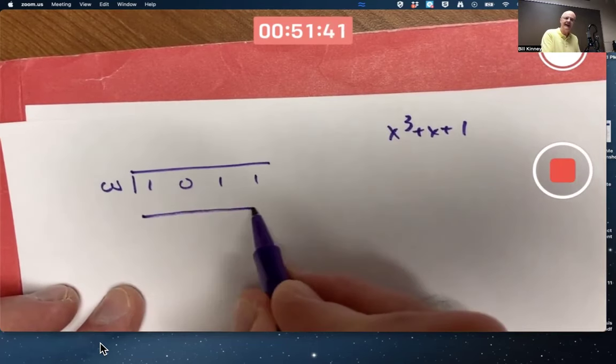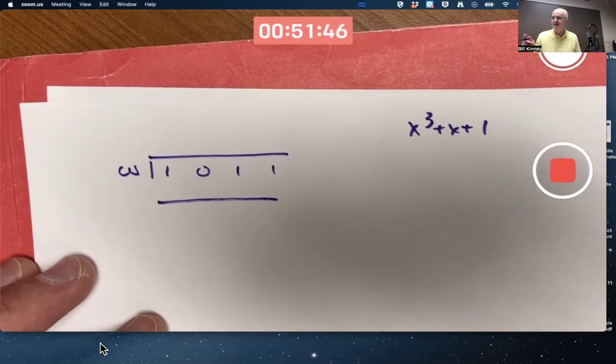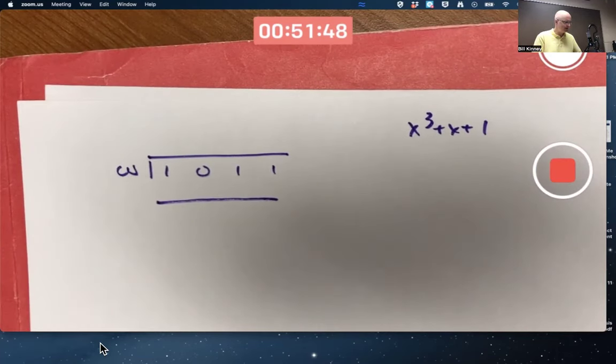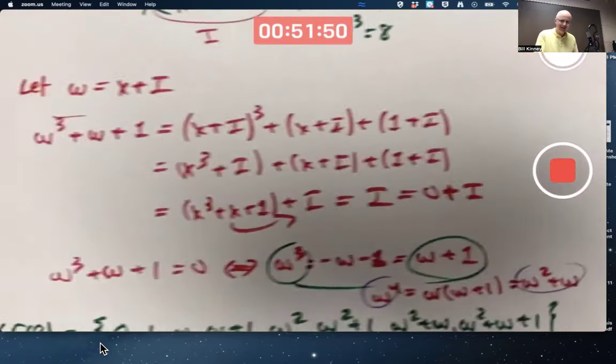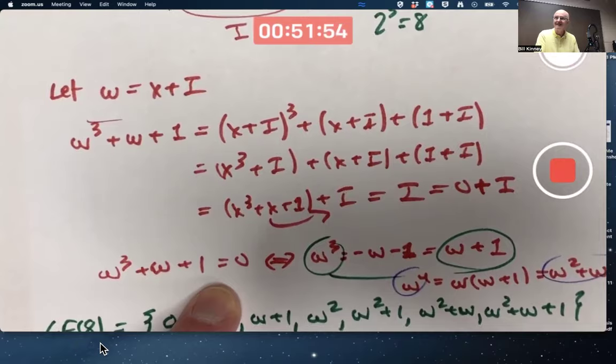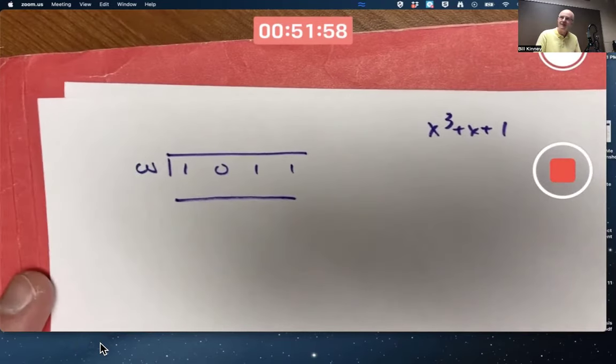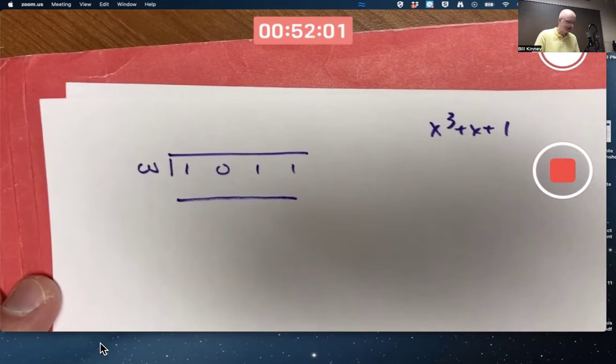And do ordinary synthetic division, mod 2 with coefficients, and also, once again, using the fact that I know omega cubed plus omega plus 1 is 0. We should be able to find the other roots. Maybe. Or at least factor this initially.